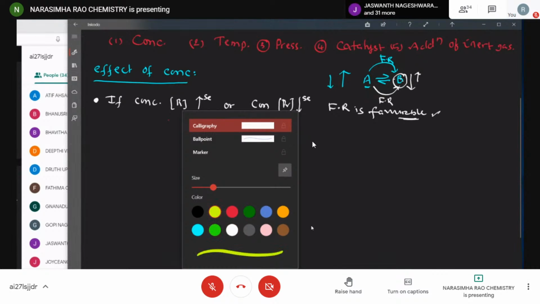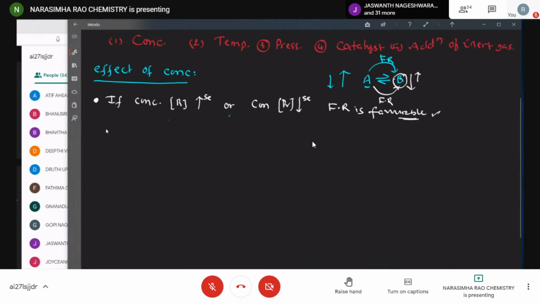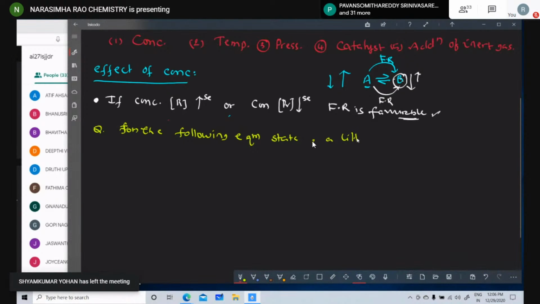For the following equilibrium state, a little amount of NH3 is removed.